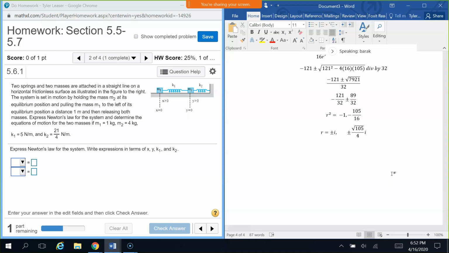Which means we have 4 different solutions, and we're just going to add those together.